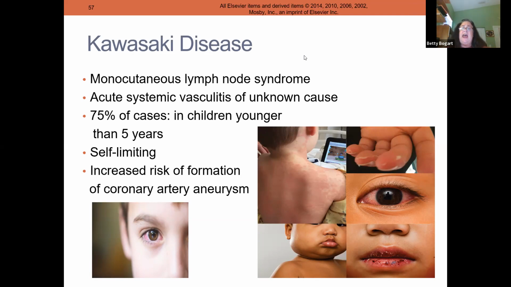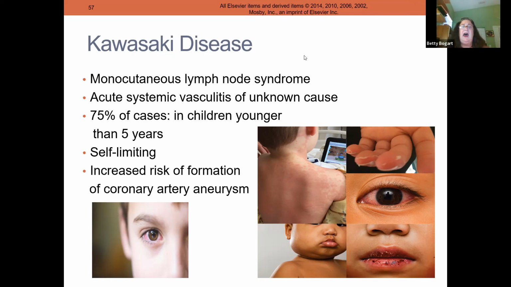Well, this child had had a fever, a little sort of upper respiratory, non-specific, had a rash. Then all of a sudden you saw the hands and the soles of the feet peeling or blistering. Then you see a strawberry tongue, cracked lips. And do you see those pink eyes? I'm talking glow in the dark pink. That's the one thing I'll always remember about this little boy, those pink, pink, pink eyes.